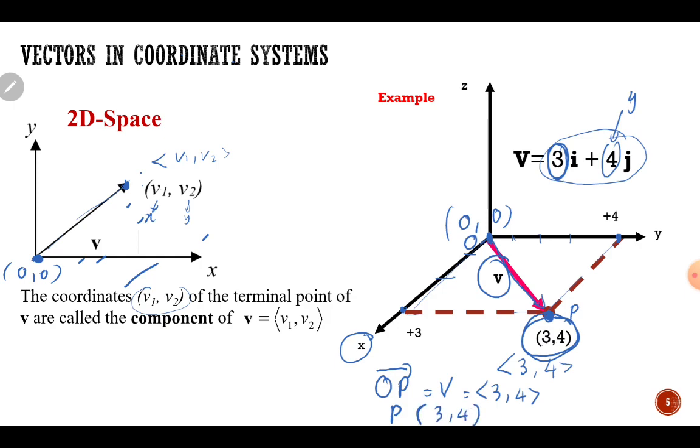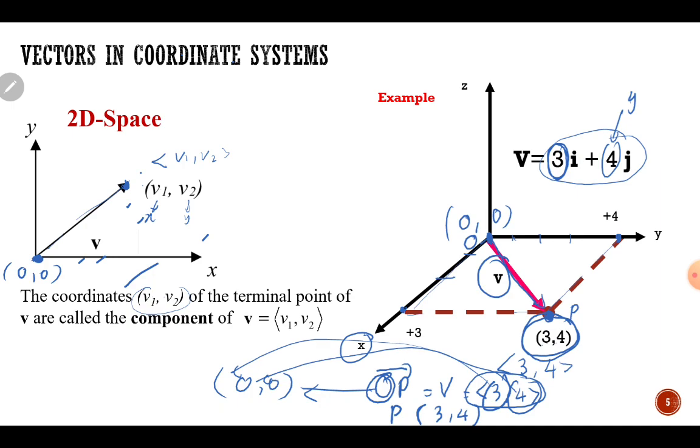Macam mana yang ni jadi macam ni? Sebabnya O kita, origin kita adalah 0, 0. So untuk dapat V, 3 tolak 0, 4 tolak 0. So we get a vector.